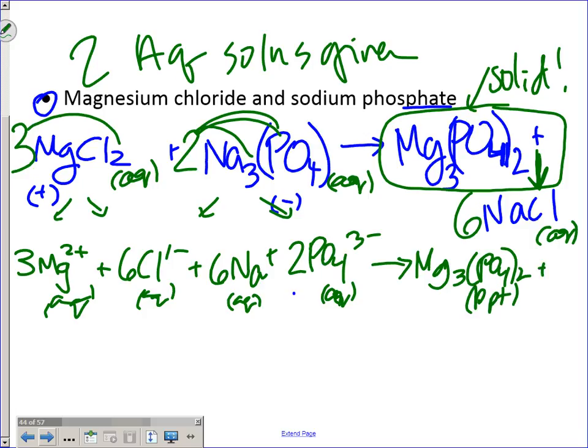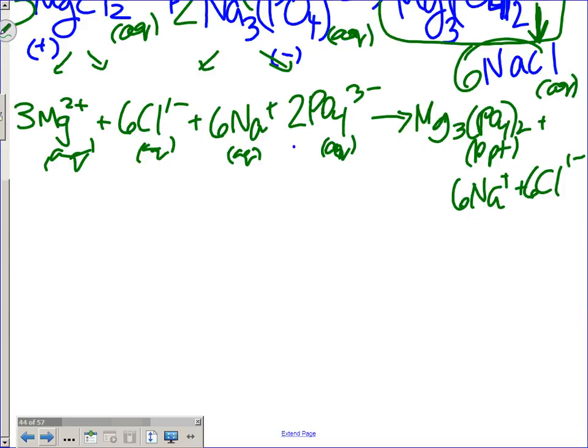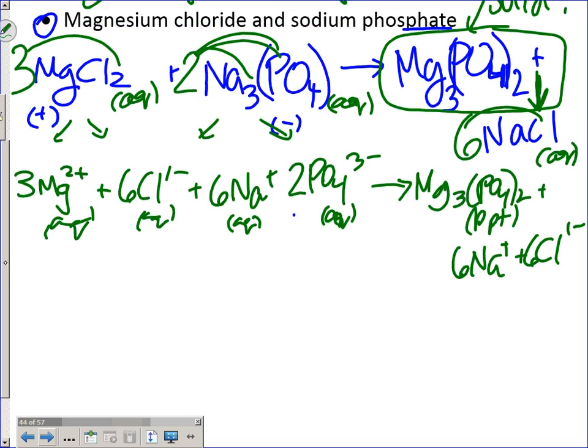And then what about our last one? Yes, this breaks up into 6 sodium ions and 6 chloride ions. If you're not putting the charges, you're not putting your ions, and this is a net ionic equation, so we need to have some ion charges on there. So now we're kind of towards the end. Who do you see? That is a spectator, meaning they have not changed from beginning to end.